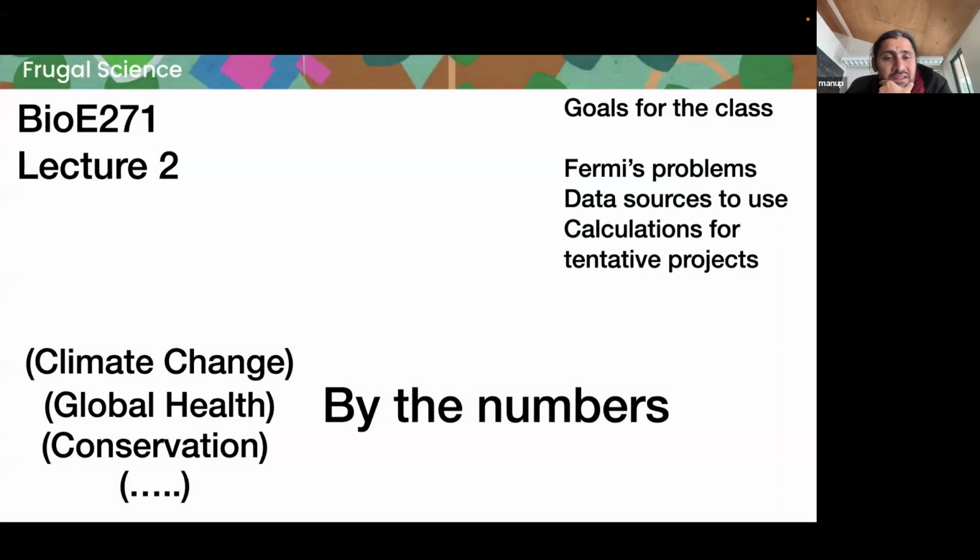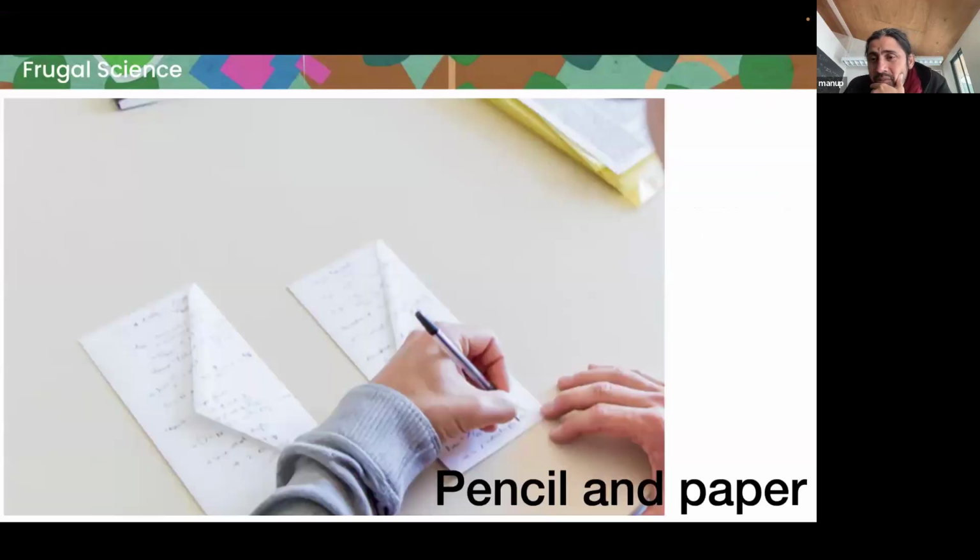So today's class is really much more about pencil and paper. Frankly, the most powerful tool that we have is this class of quantitative thinking around problems that feel a little bit slippery to actually quantify.